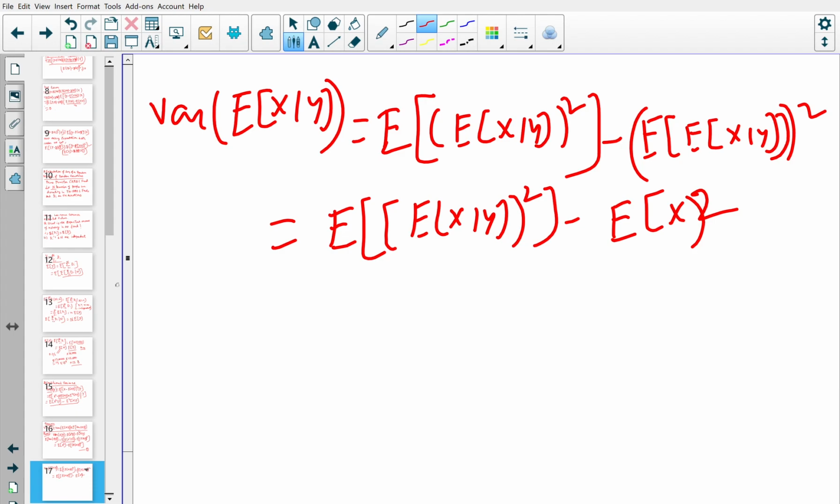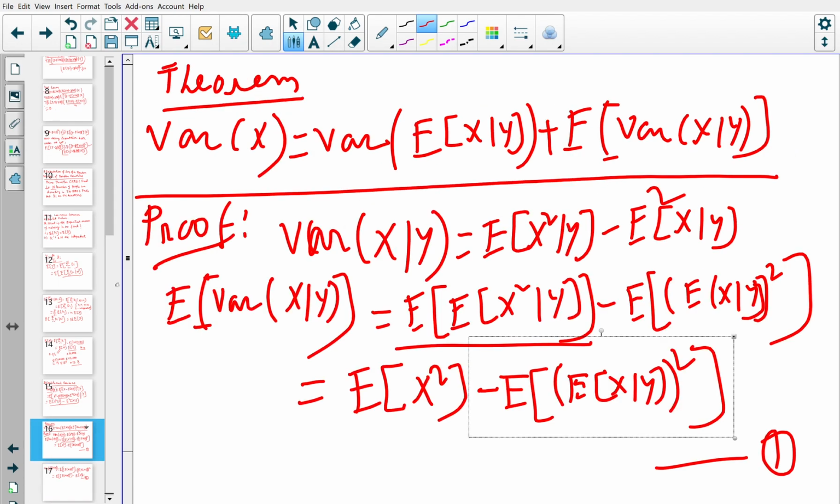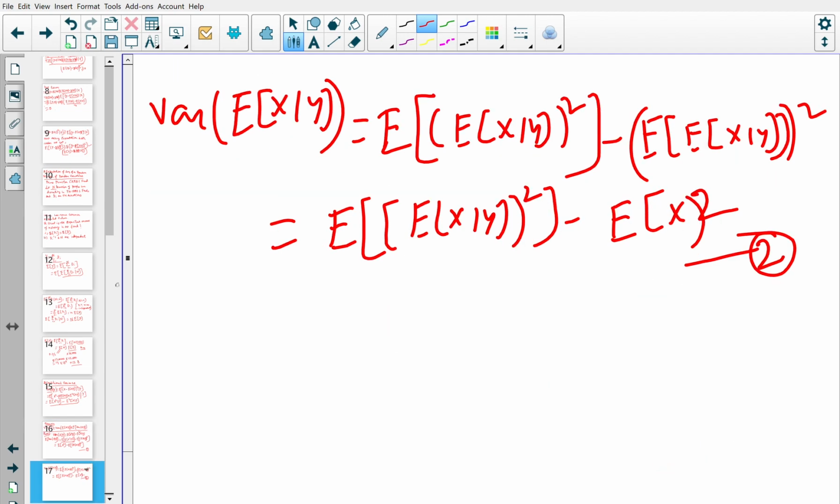So now you recall that this is equation 2. So what was in equation 1? In equation 1 you will have this quantity, and here also you will have this quantity.